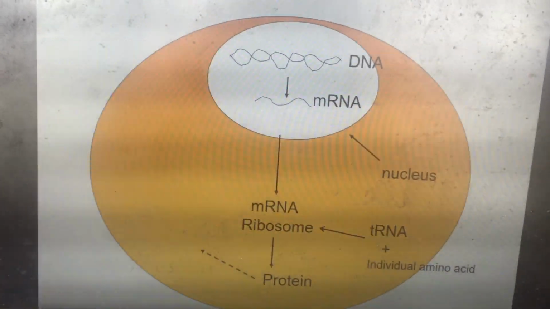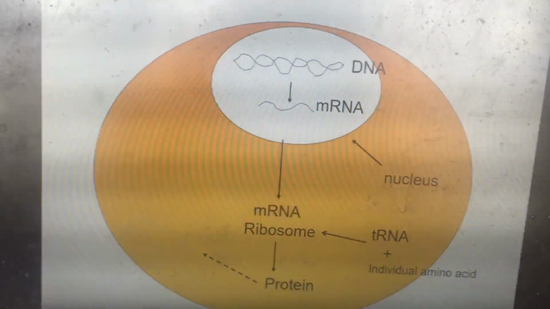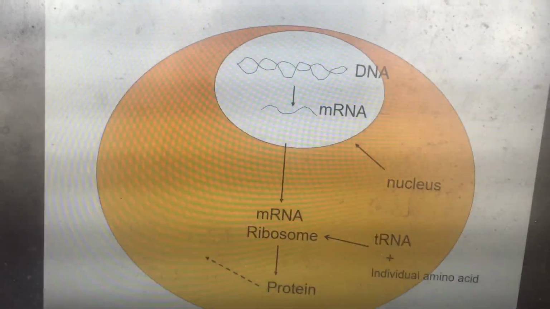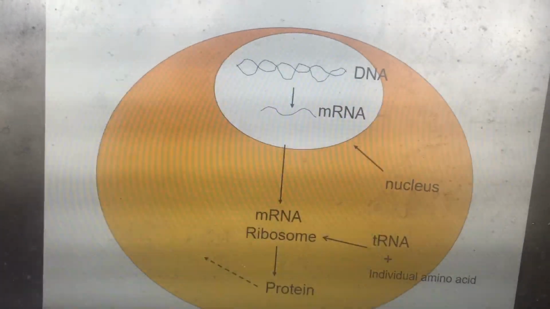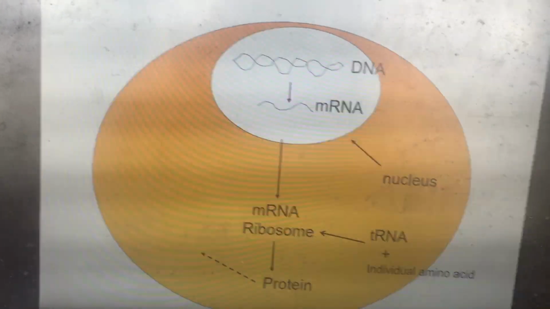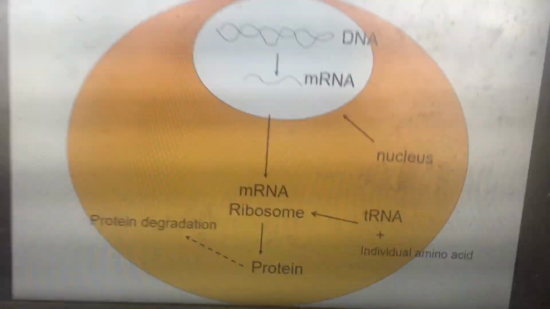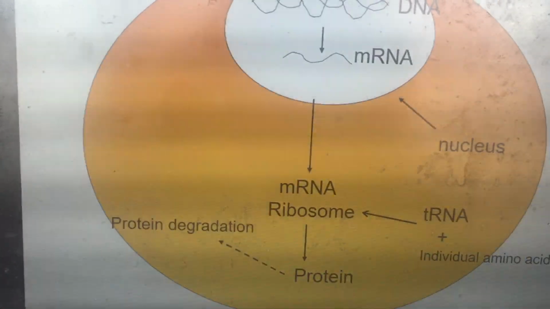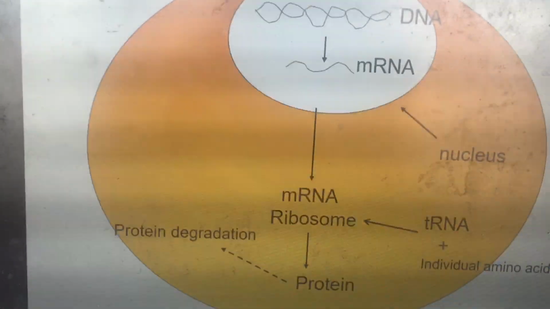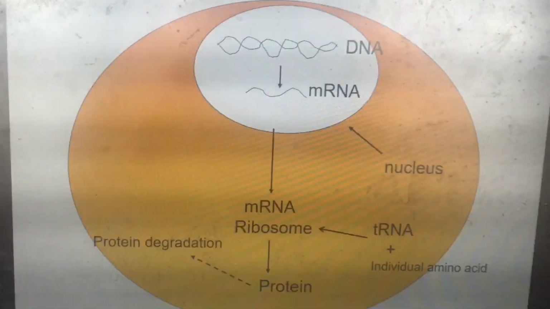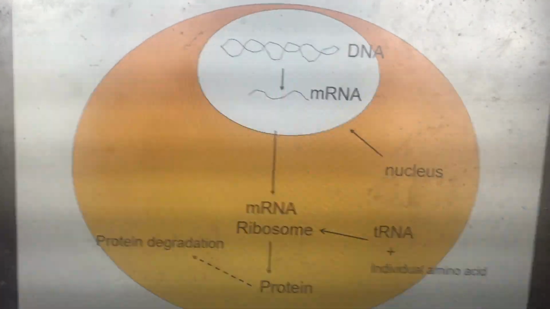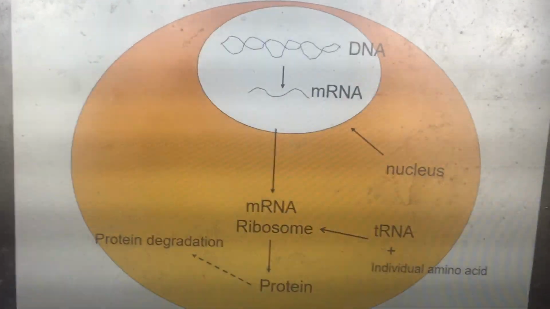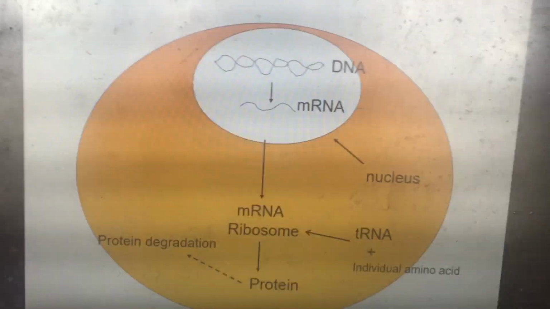So your transfer RNA carries the amino acids in there. You get this long chain of amino acids that are built on the ribosome, eventually making a new protein. And then the last stage here is after the protein has served its function, it's eventually degraded, and then the process starts over again. So you get a turnover of protein synthesis and protein degradation.